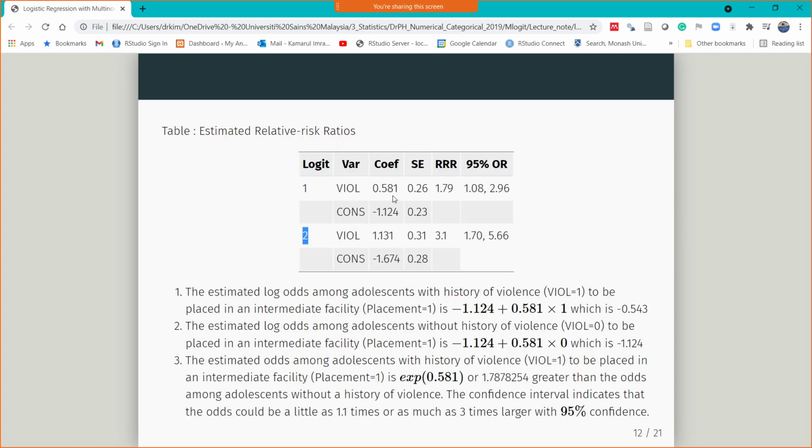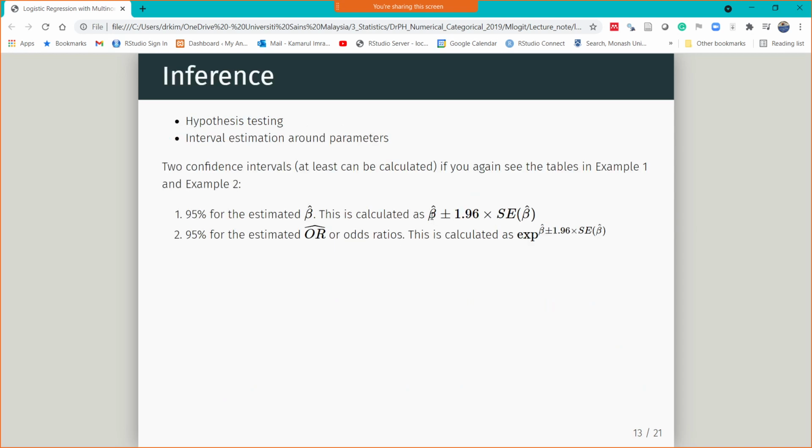Do not exponentiate this directly for the 95% confidence intervals for odds ratio. Okay, you have to use this formula first, get the lower bound and the upper bound of the beta or the log odds, then exponentiate it for odds ratio.